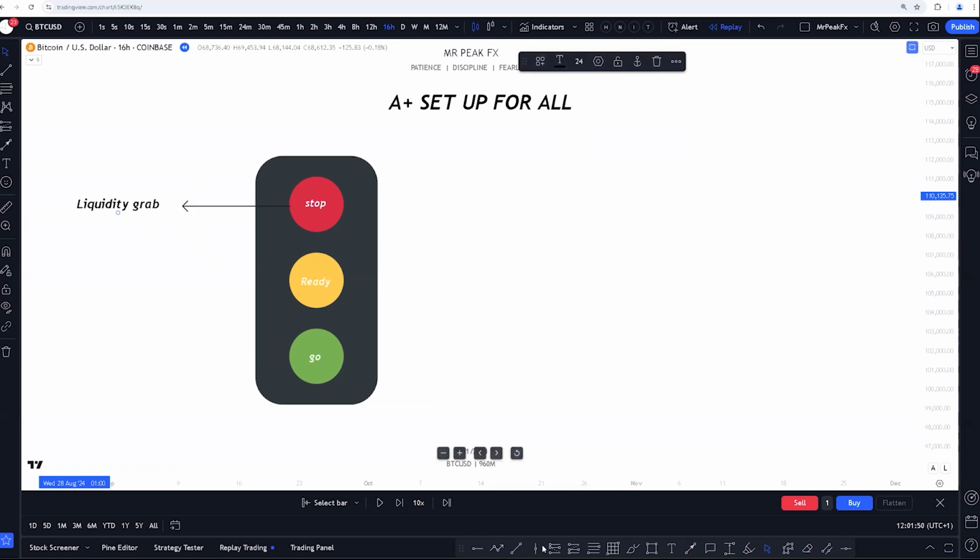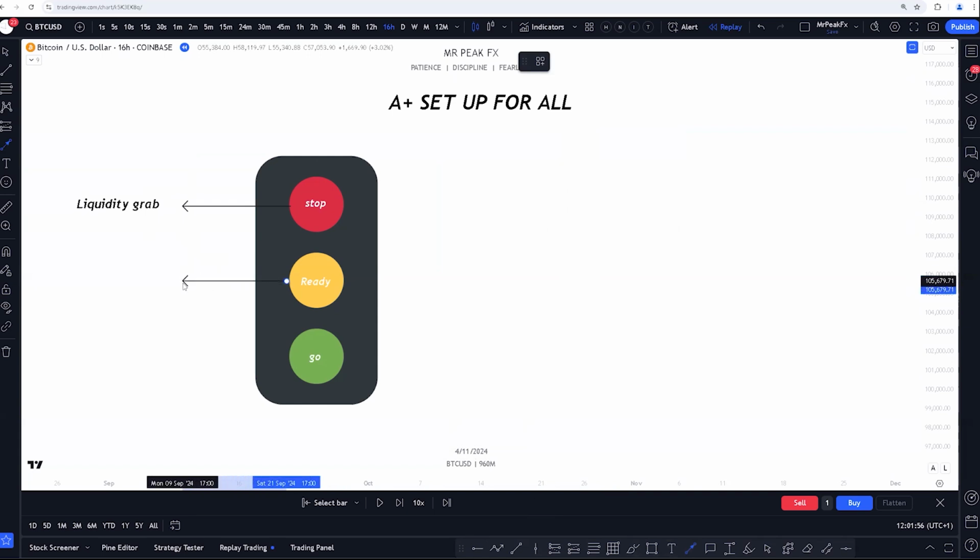Okay. Now, the next thing is the yellow. So when are you ready? Like when should you be ready to want to take a move or take a trade after the liquidity grab? After liquidity grab, we have what?